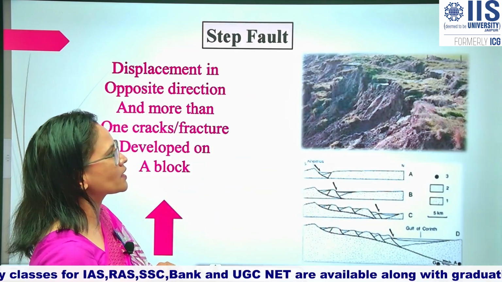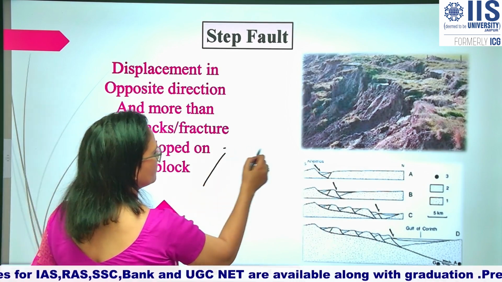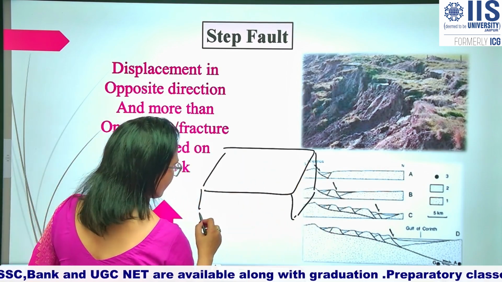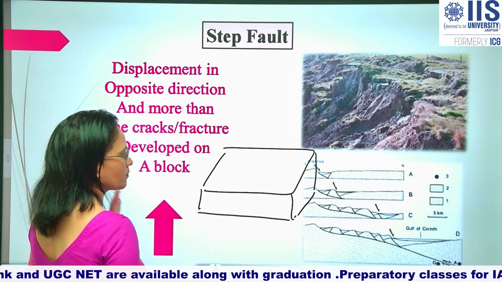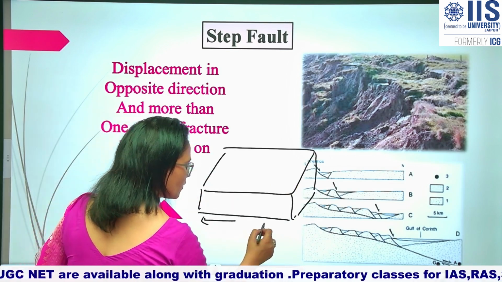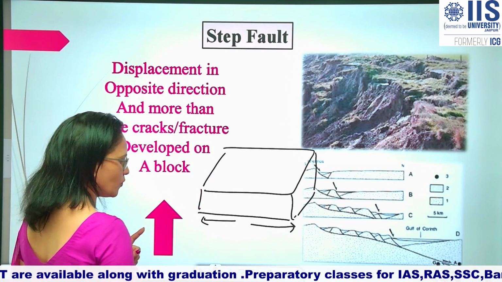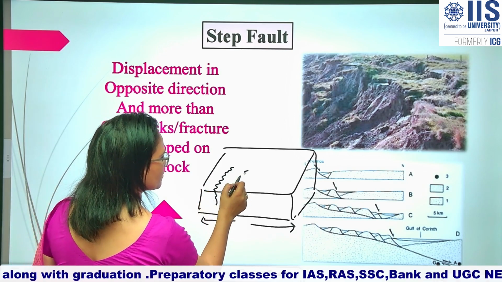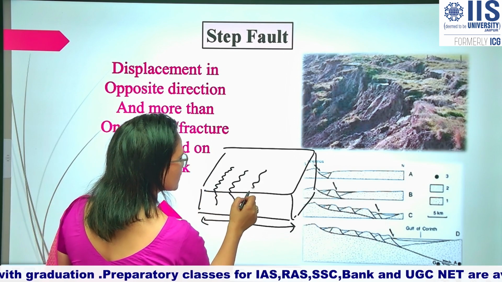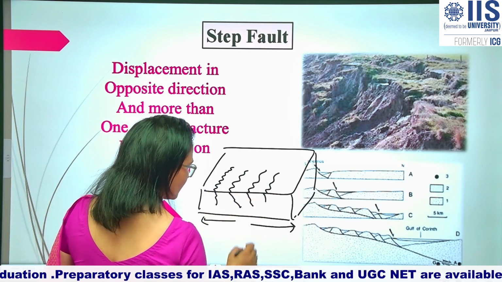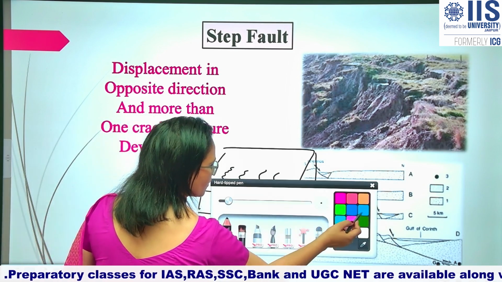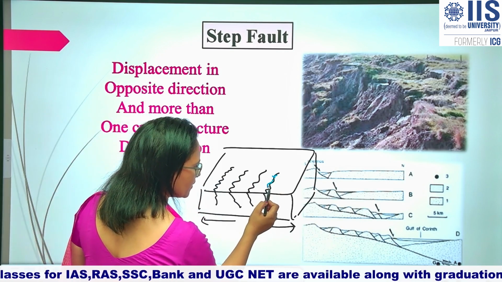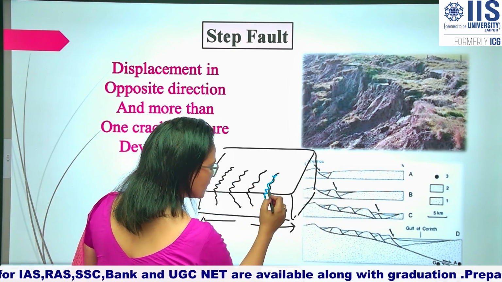Next we have the step fault. For example, this is the region. Due to horizontal tensional force, fault lines are created, more than one, right? Now, with the march of time, along this part, this block is displaced.